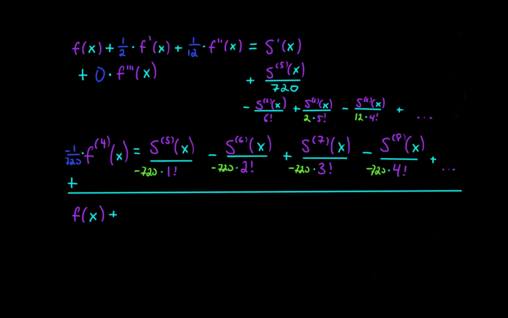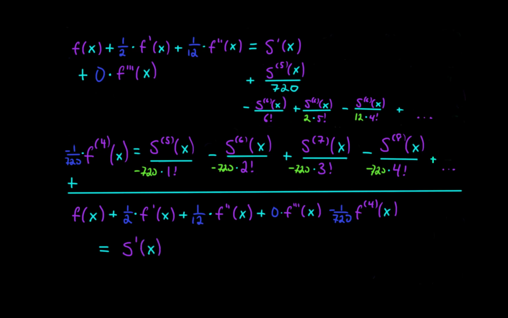And when we do that, the left-hand terms, we've got f of x plus 1/2 times f prime of x plus 1/12, 1 over 12, times f double prime of x plus 0 times f triple prime of x. And then, here we go, minus 1 over 720 times f quadruple prime of x.